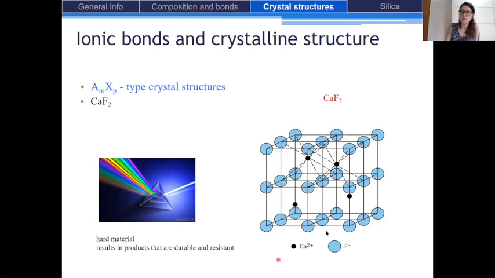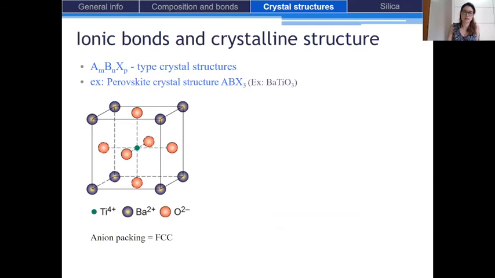Okay, and so that's why here we are introducing a more complex unit cell than the ones that we studied up to now. This material is used because it is very hard, and it is used to produce durable and resistant materials, for example in some very resistant windows in some equipment.